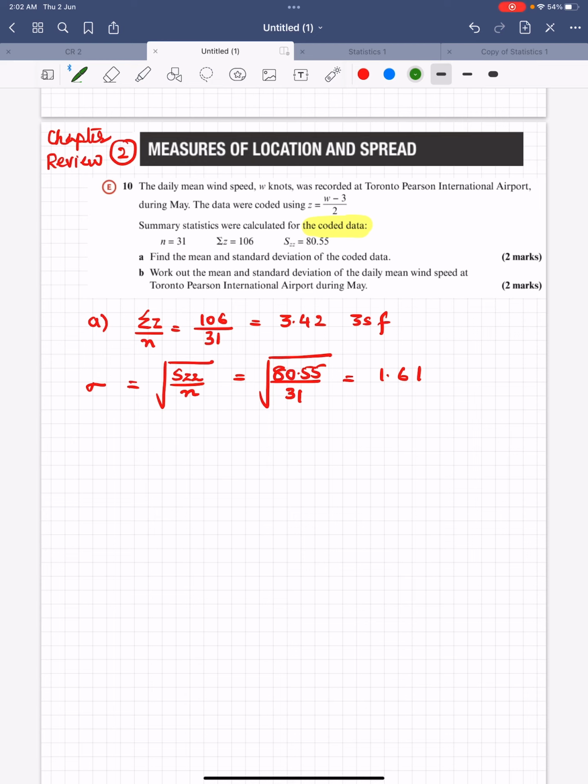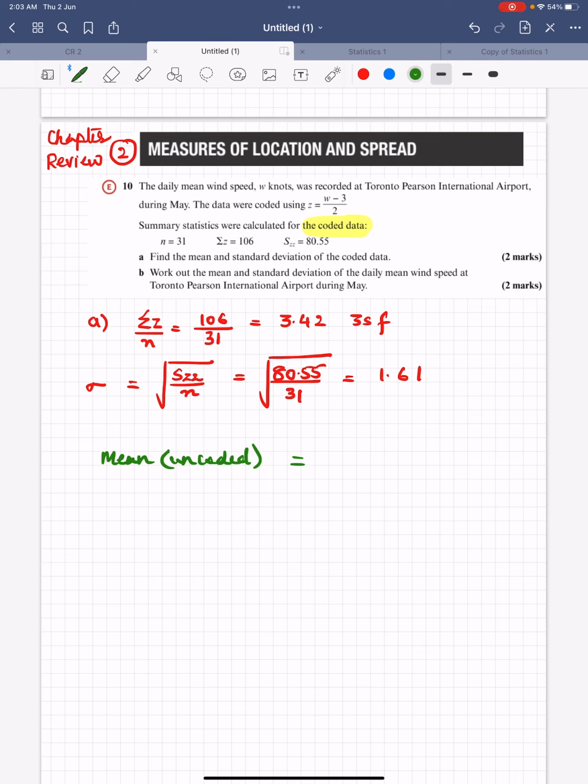So for the mean, which is uncoded, we do the inverse operation of what we did in coding. In coding, we subtracted 3 and then divided by 2. So here we are going to do the inverse, which means we will multiply by 2 and then add 3.